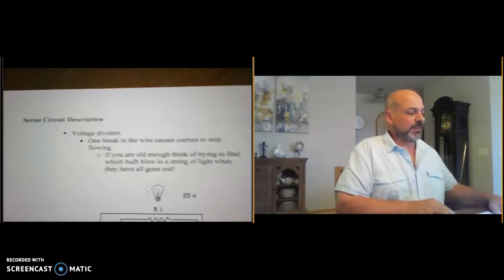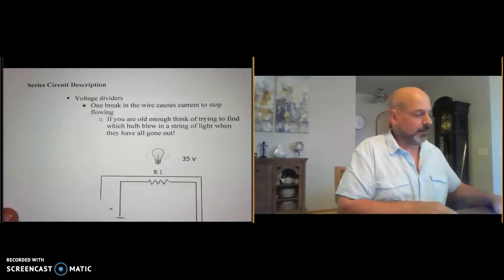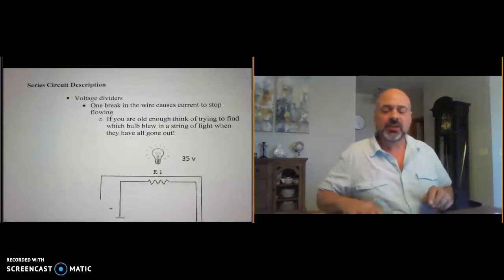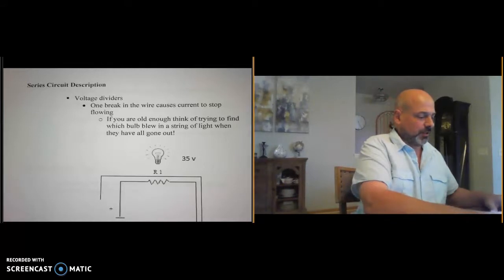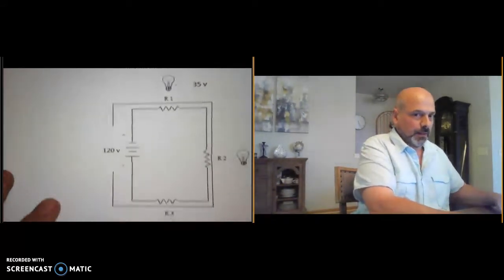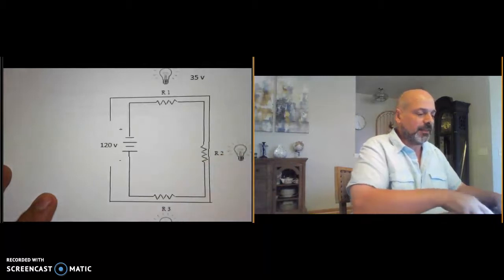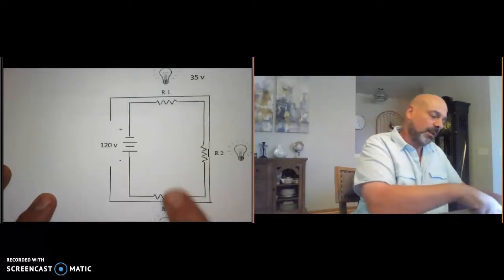This is a series circuit description. A series circuit is called a voltage divider. The total voltage has to be divided between the loads. And in this case, we'll look at light bulbs. So we have 120 volts. This is the battery or outlet.